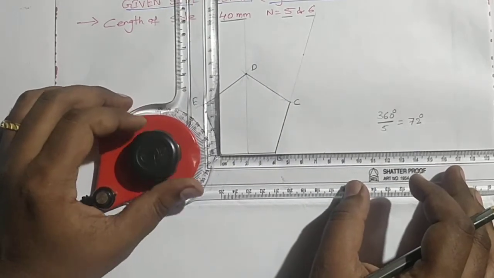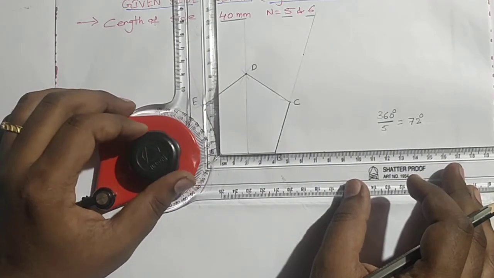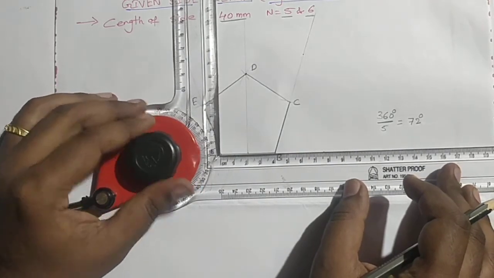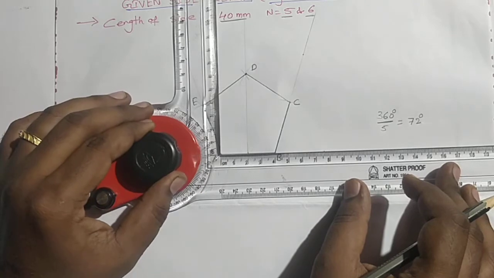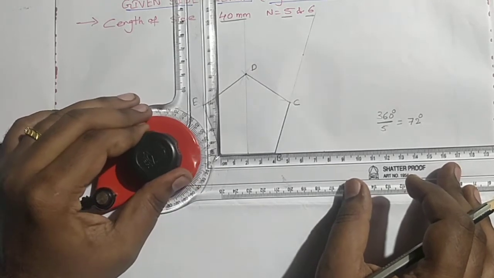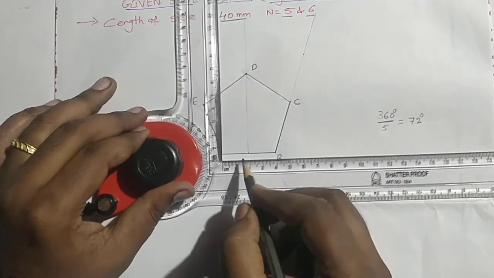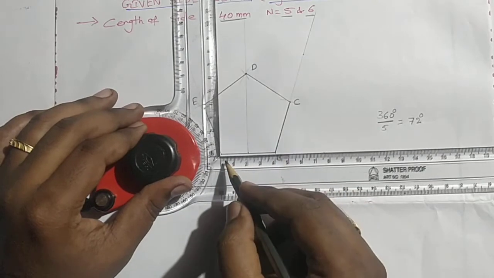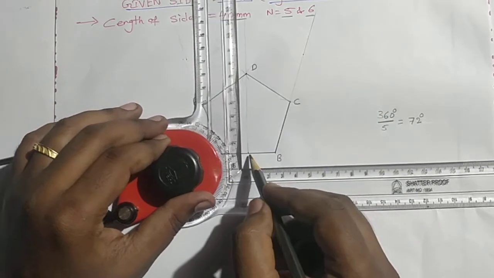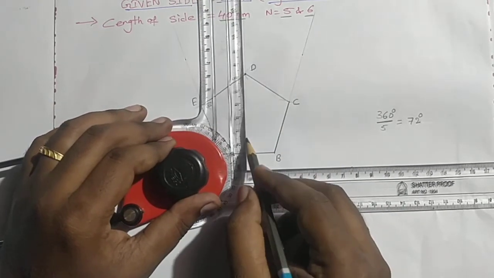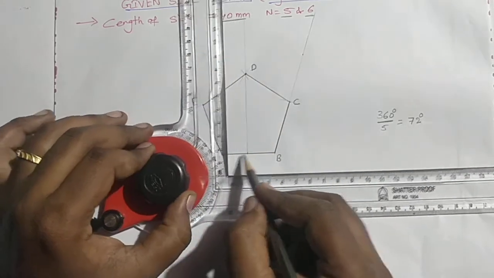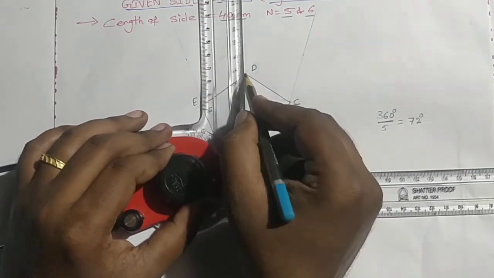It is very easy. Suppose in some cases we need to find the midpoint of the pentagon. In that case, first we need to draw the perpendicular bisector of any given side AB. Now I draw from the midpoint of AB to the opposite corner.